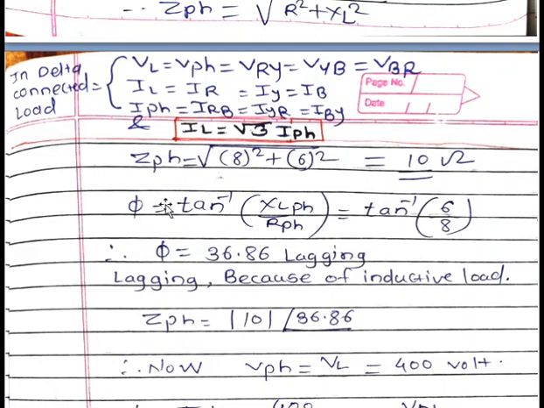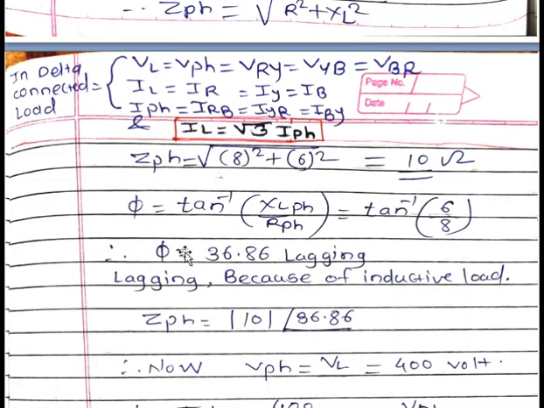Now we calculate the value of phi. Phi is equal to tan inverse of XLPH divided by RPH. Now our XLPH is equal to 6 ohm and RPH is equal to 8 ohm. Tan inverse of 6 upon 8 is equal to 36.86 lagging. The phase angle phi is 36.86 lagging.